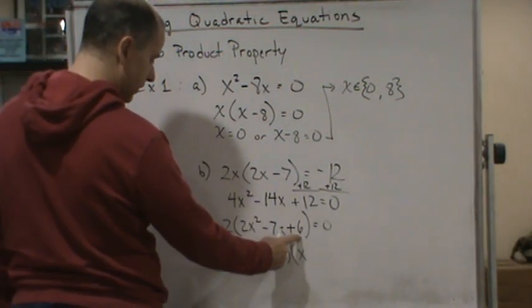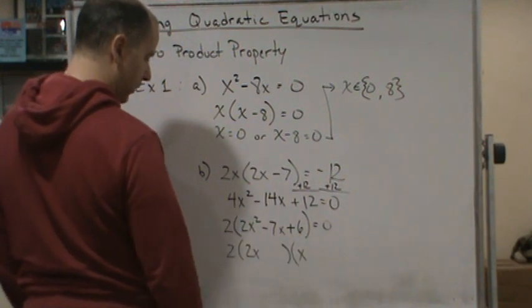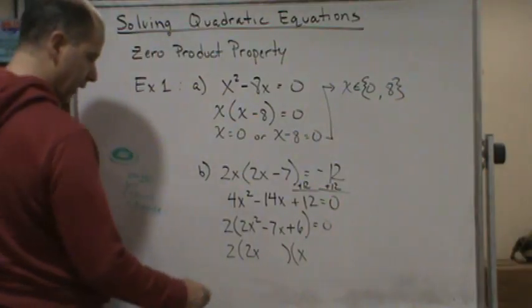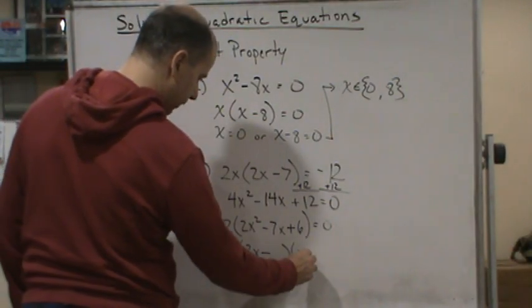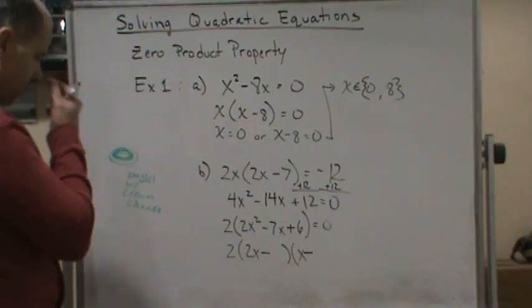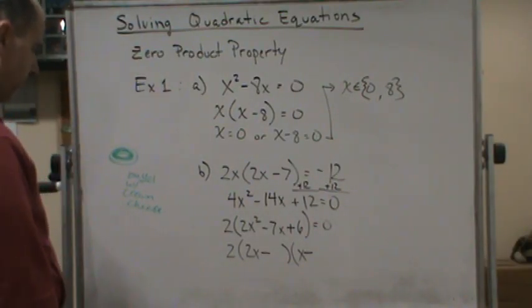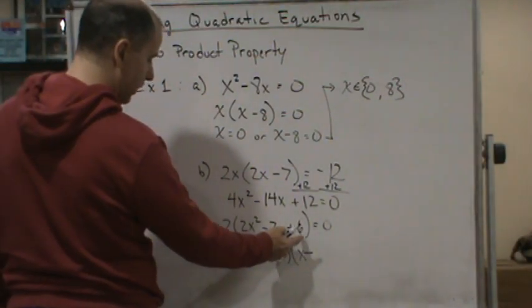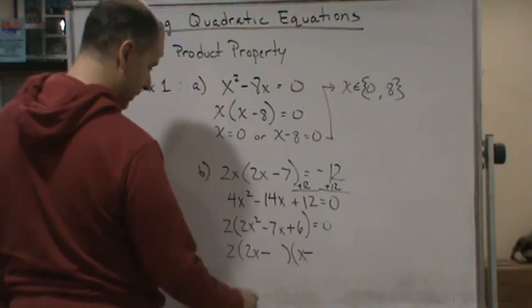And this is positive, which means they're both negative or both positive. But since this is negative, they're going to be both negative. So I've got a minus here and a minus here. Okay? So I need two factors that add up to negative 7.